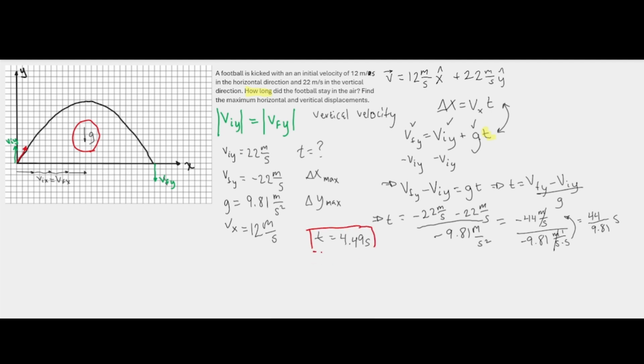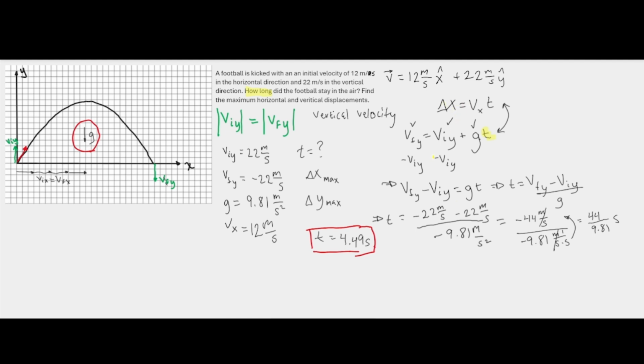It asked us how long this ball would be in the air. This time is the same whether you're considering the vertical equations or the horizontal equations. So we've found one thing that we needed. Well, now I can go back and look at my horizontal equation now.